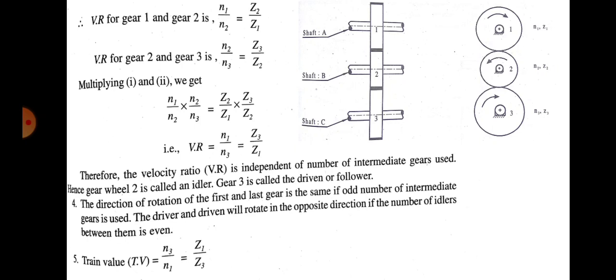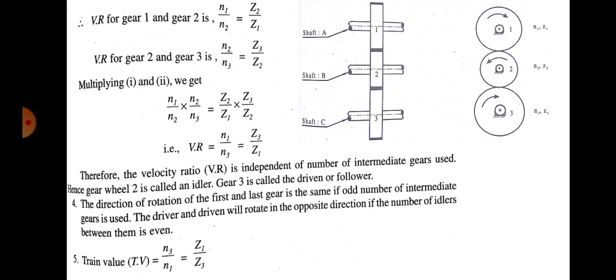When we have an odd number of intermediate gears in between, the direction of rotation of the first gear and the last gear will be the same. For example, in this case we have intermediate gear 1, which is an odd number. That means the driver and the driven are in the same direction, both rotating clockwise.